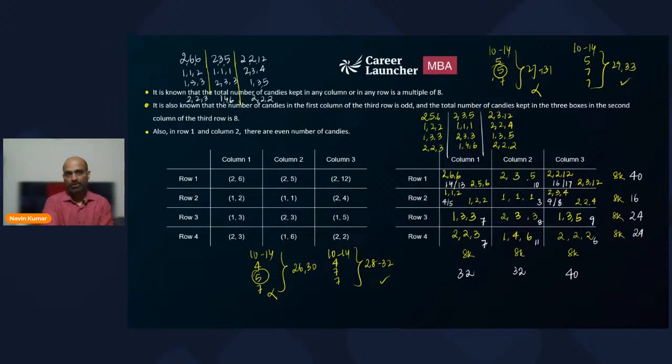Second row, 4 plus 3, 7. 7 plus 9, 16. Perfect. 7 plus 8, 15. 15 plus 9, 24. Then we will have 7 plus 11, 18. 18 plus 6, 24. Okay, I was wondering why 24 wasn't coming.